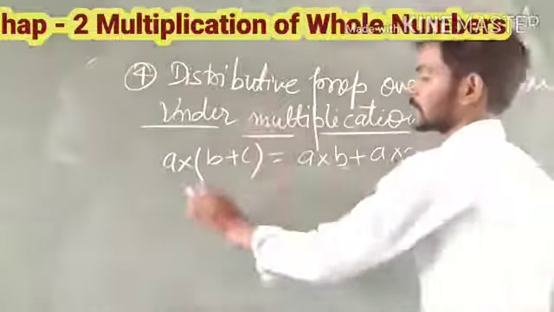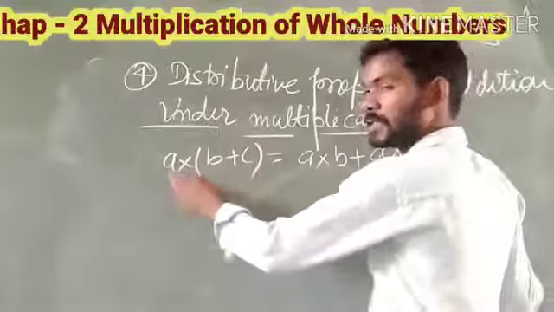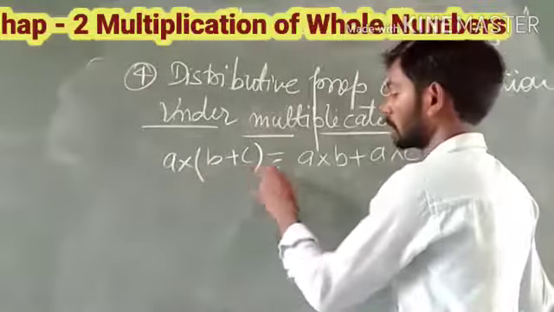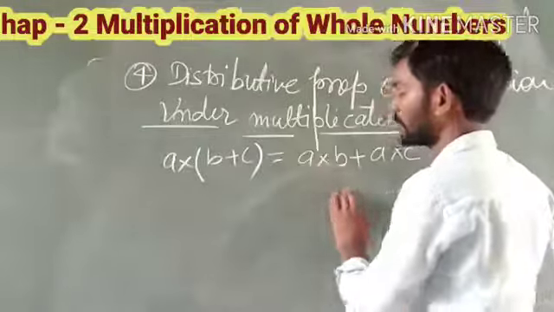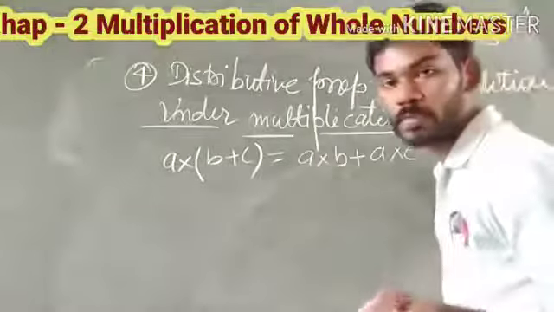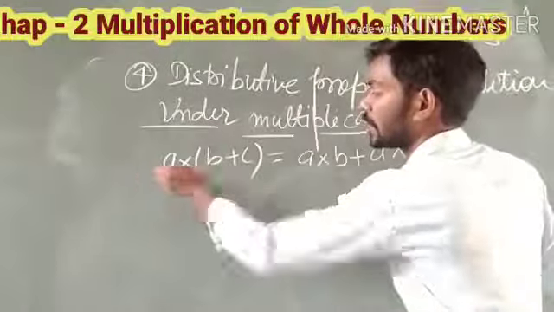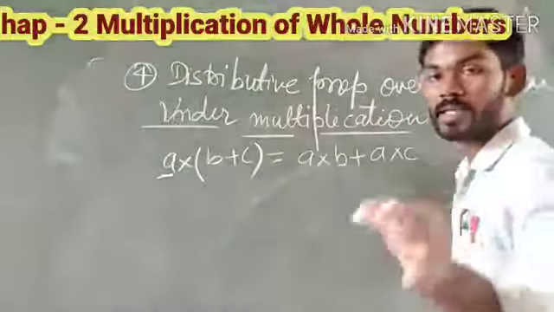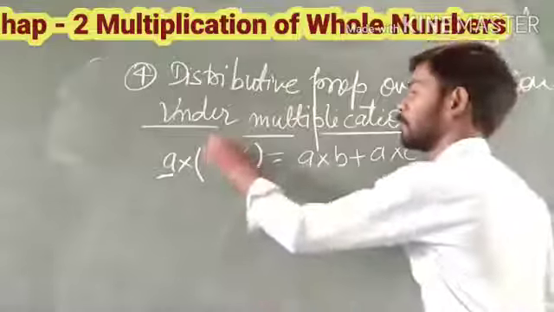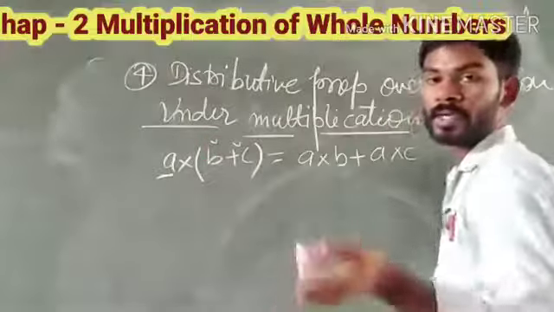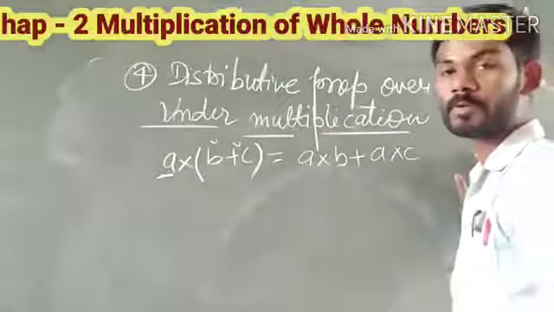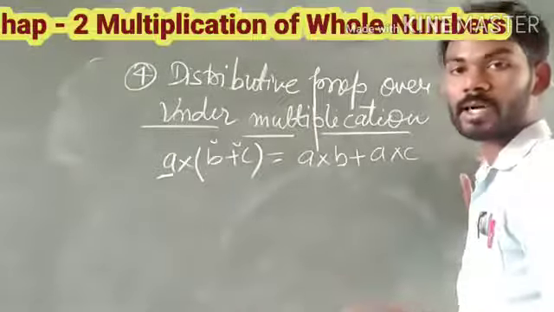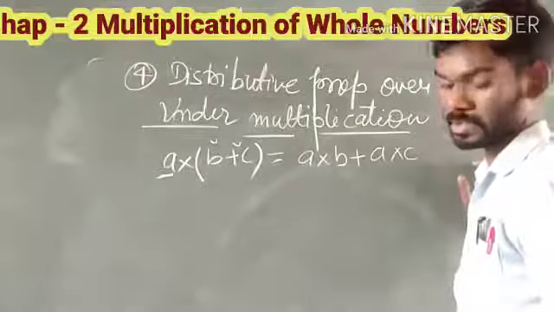Here we can see that in the left hand side A is multiplied with the sum of B and C. In the right hand side we can see that the distribution of the quantity A takes place. Here A is equally distributed with these two quantities. So this property is called distributive property over addition under multiplication.